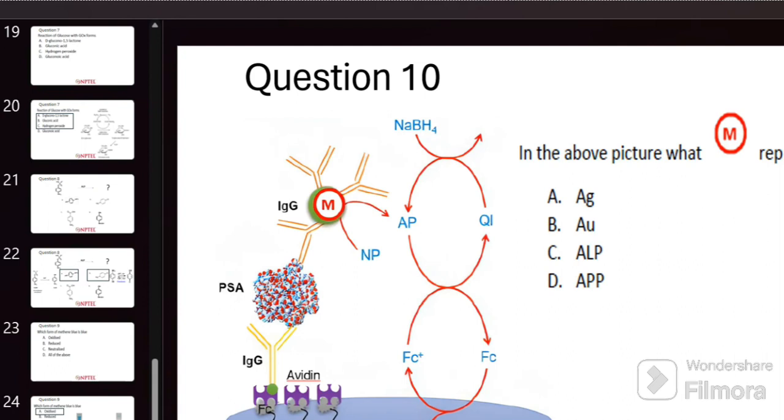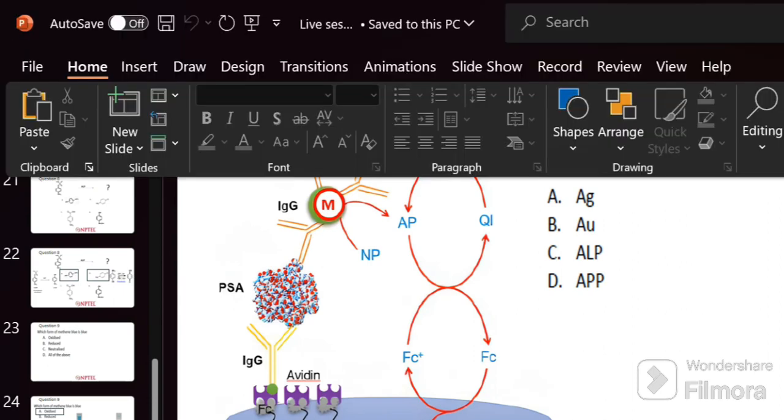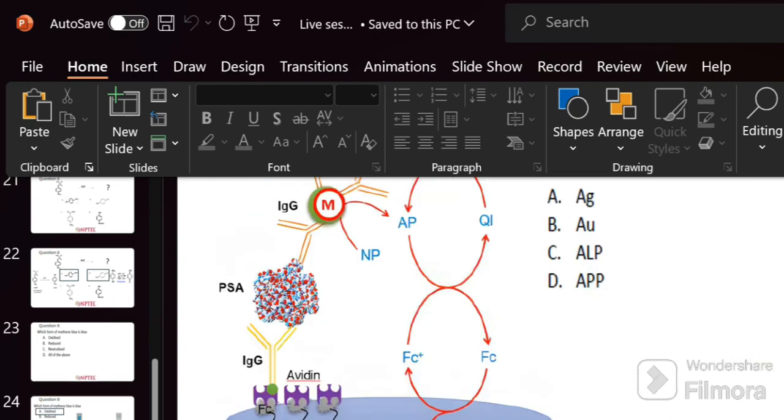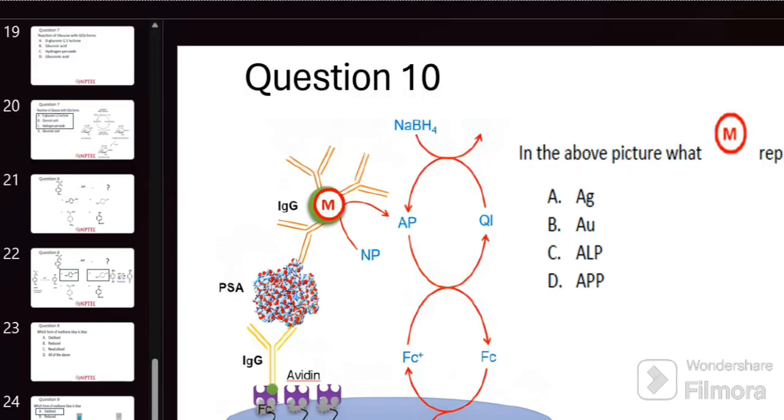Here, this is basically on indium tin oxide. You have the primary detecting antibody. You have protein PSA, which is the analyte which you need to detect. Then you have a secondary antibody which is to be used for labeling application.